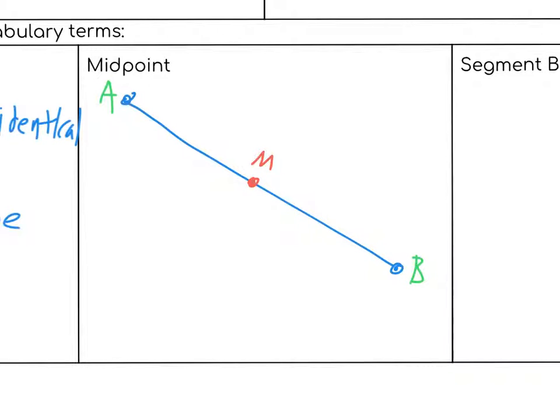And we did talk about that, and I said that those are slightly different things. But this is where we can go a little bit more in depth into that. So if we're talking about this in terms of this segment, if M is the midpoint, then we say that segment AM is congruent to segment MB.